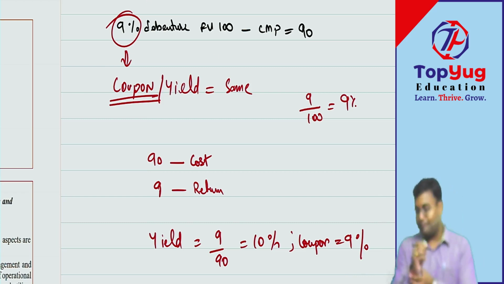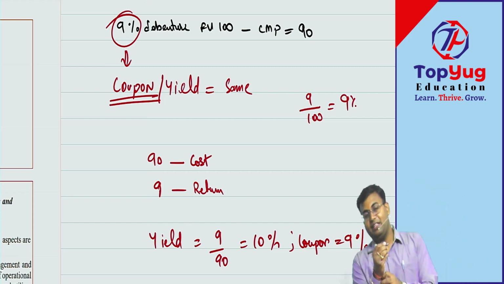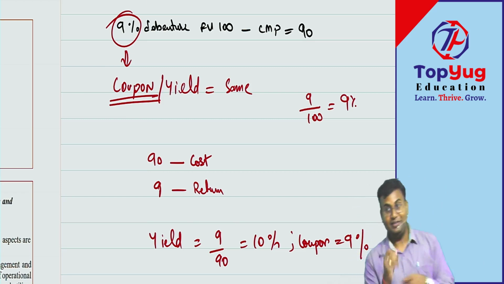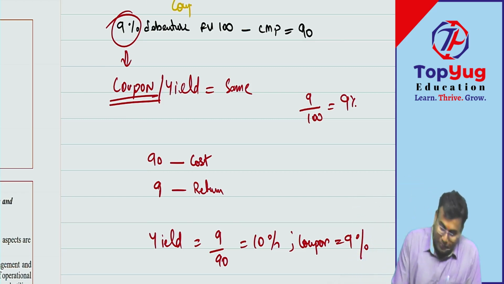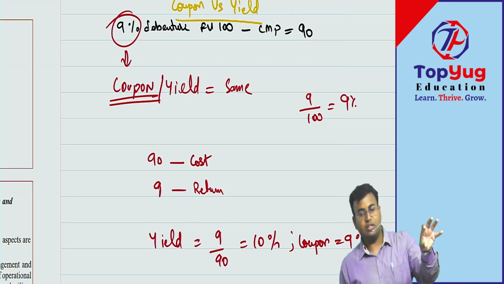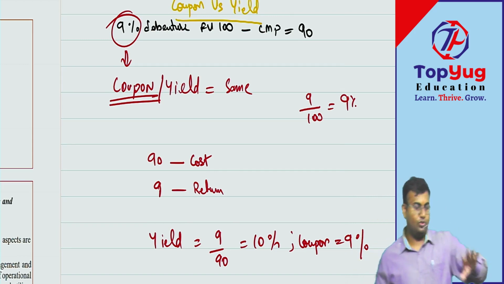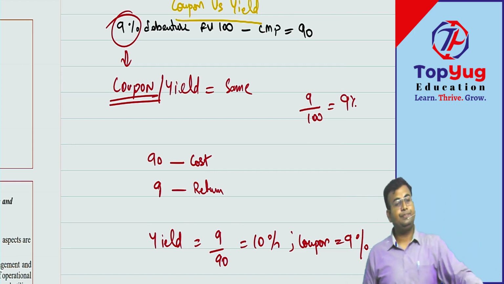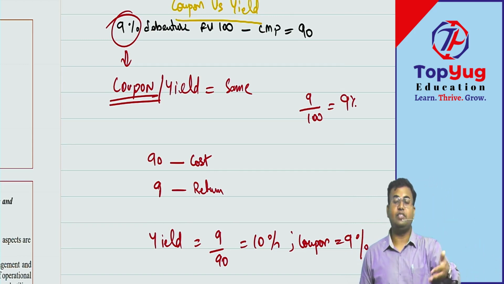All of you like PUBG, right? So you like the word versus rather than and. This small topics, small discussions will keep on happening. So the first topic of today's class is coupon versus yield.